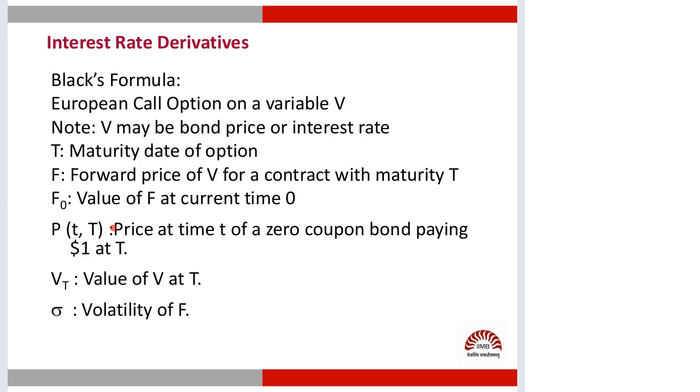The only additional complication is that interest rate changes in the market can be modeled directly by taking the interest rate as the underlying, or using bonds. Remember, what is a bond price dependent on? I'll come to this slide in a minute.